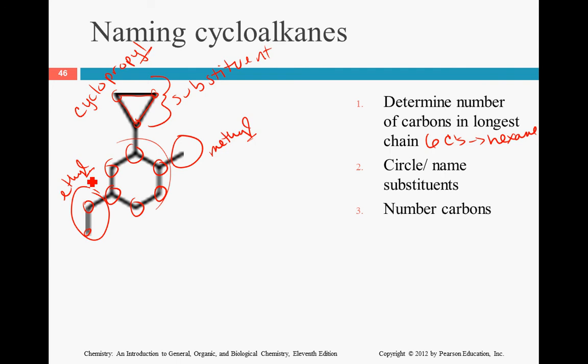Number the carbons. You want to give the substituents the lowest number possible, starting alphabetically. 1, because E, we're looking at E versus P versus M. Looking at the base of the word. E comes first alphabetically. So 1, 2, 3, 4. So we are looking at naming the substituents. 1 ethyl.